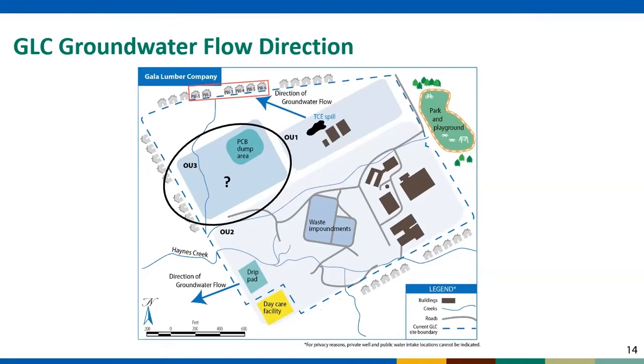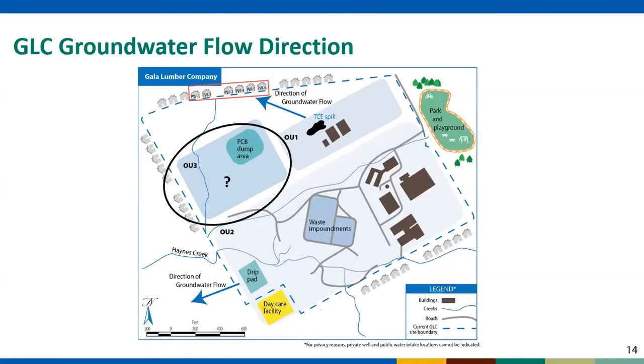Also, please note, and these are not shown on the slide, but there are 3 on-site monitoring wells down gradient of the TCE spill area and 1 up gradient on-site well. Monitoring wells GL1, GL2, and GL4 are down gradient, and monitoring well GL3 is up gradient and is considered background.